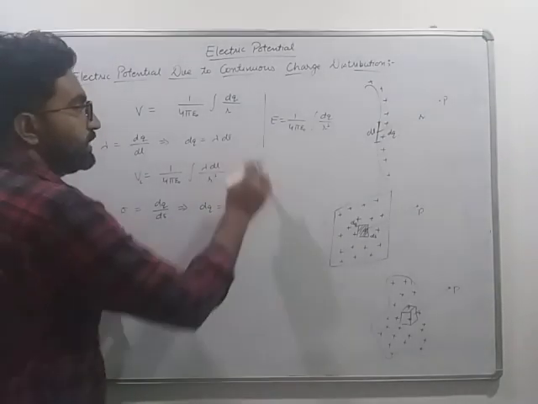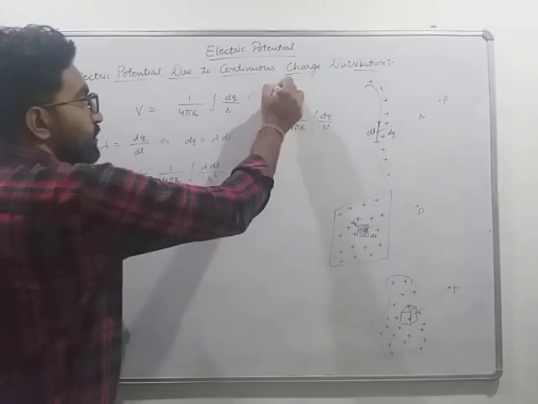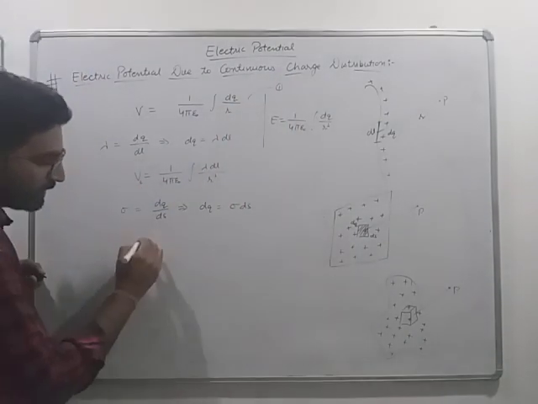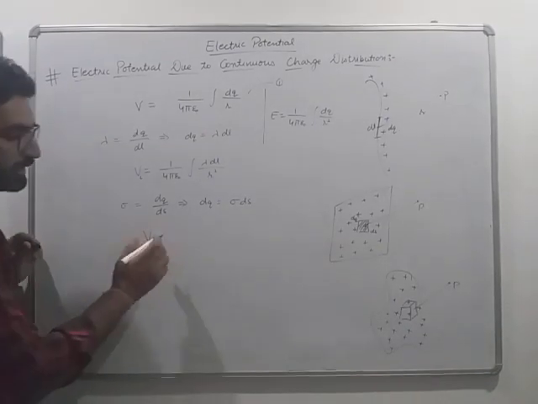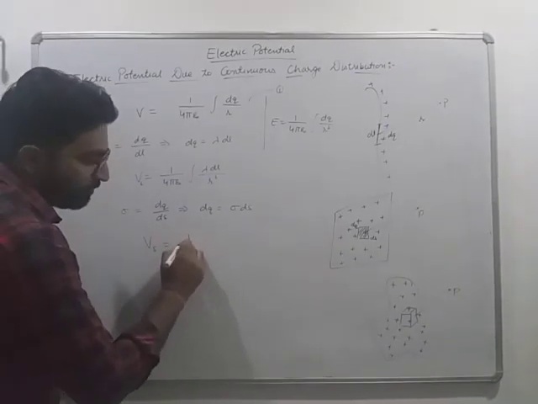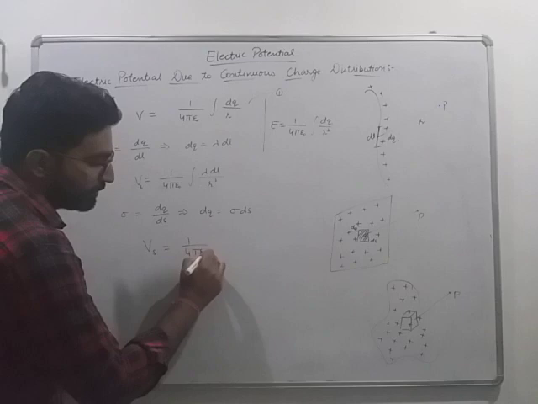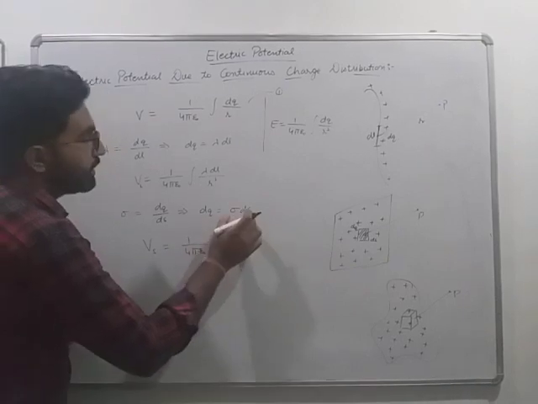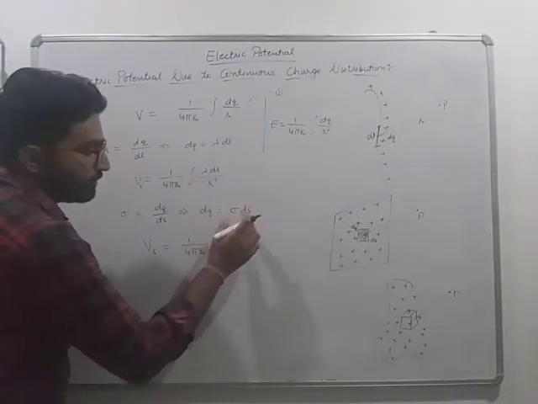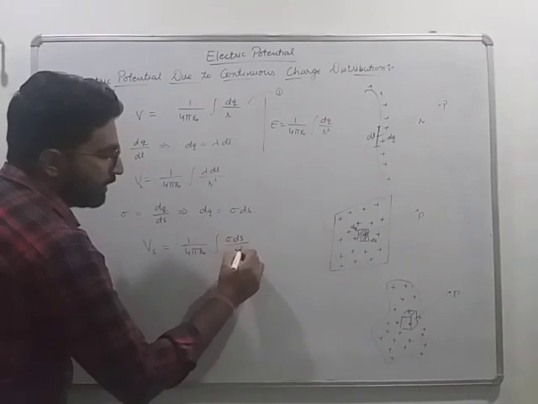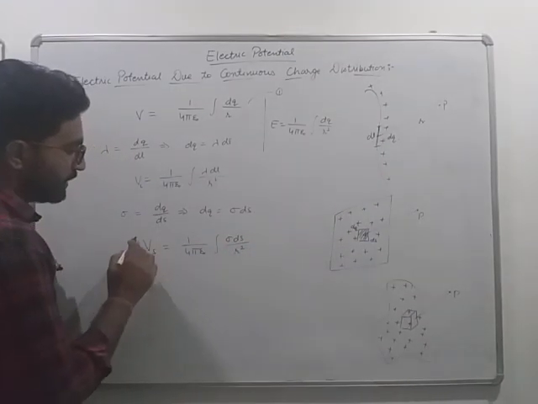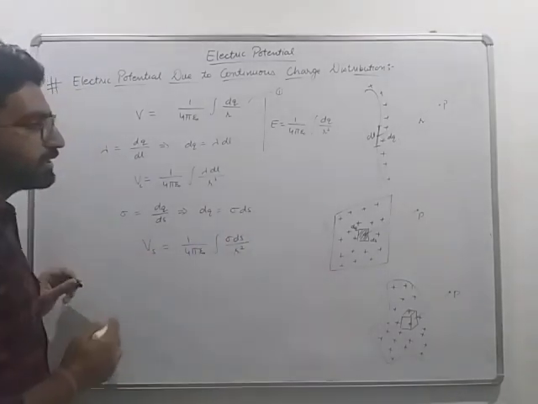When we put this value in the first equation, we have the electric potential due to surface charge distribution, Vs, equal to 1 by 4 pi epsilon naught integration, in place of dq we write sigma ds divided by r square. This is the electric potential due to surface charge distribution.